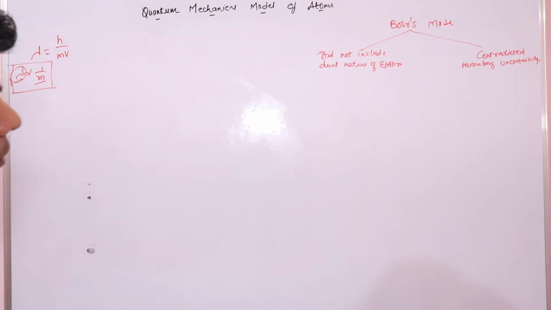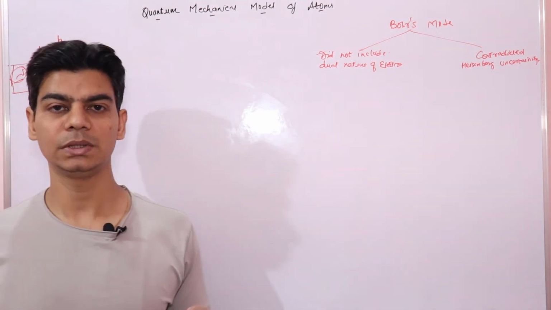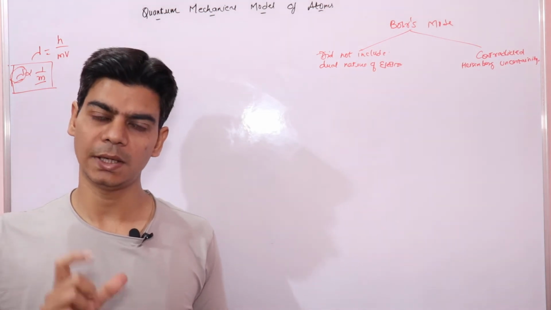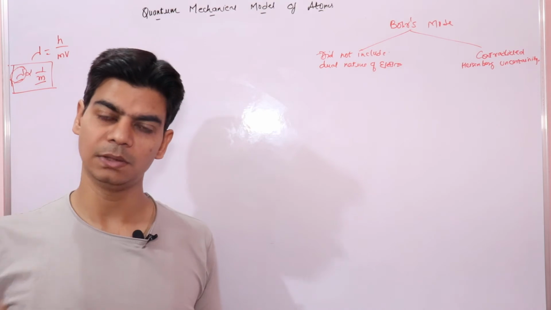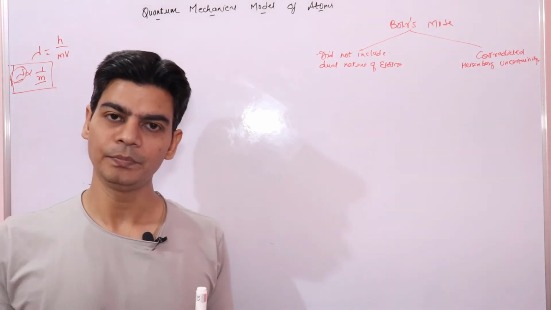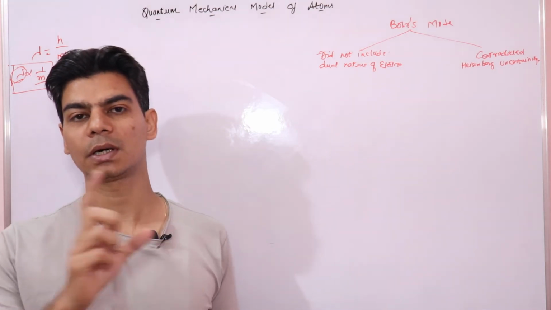So now we have the science of quantum mechanics that deals with the motion of microscopic objects. And we know that the atom has a microscopic subatomic particle, the electron, that is revolving around the nucleus.